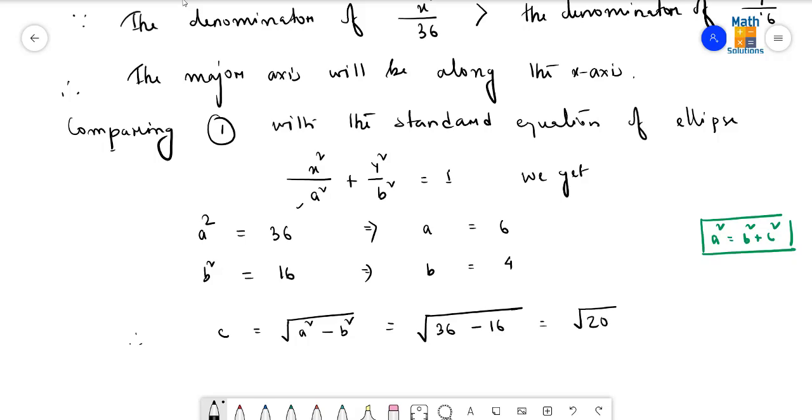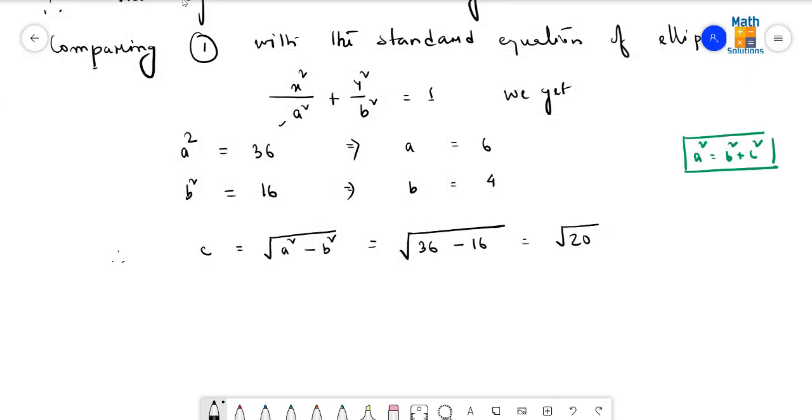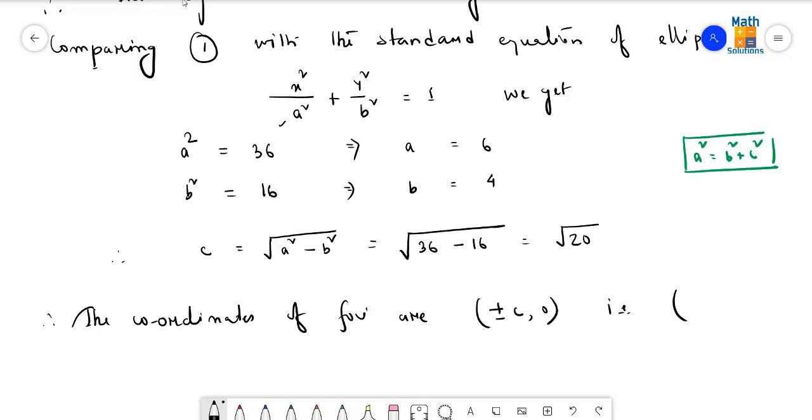Now it is very clear that the major axis is lying along the x-axis, so of course the foci will also be lying on the x-axis. Therefore the coordinates of foci are plus minus root 20 comma 0.